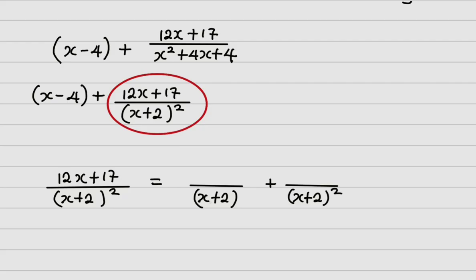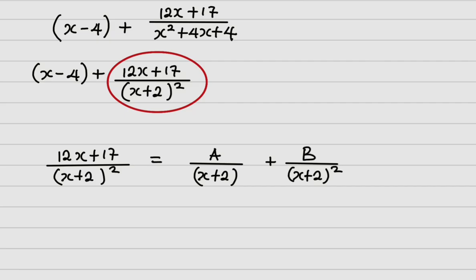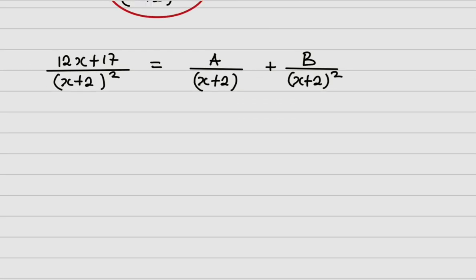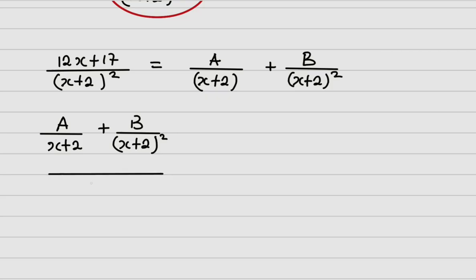Of course this is linear, so this is going to be a, and this is linear too, so it's going to be b. Having a all over x plus 2, then plus b all over x plus 2 all squared, you agree with me that the LCM will be x plus 2 all squared. So this will be a into x plus 2, then plus b.